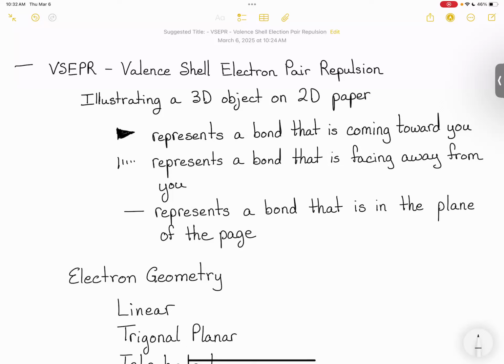Now to describe the shape, for the molecular geometry you don't pay attention to the lone pair. So what does the rest of this thing look like? It looks like a triangle with a pyramid. So the molecular geometry is trigonal pyramid.